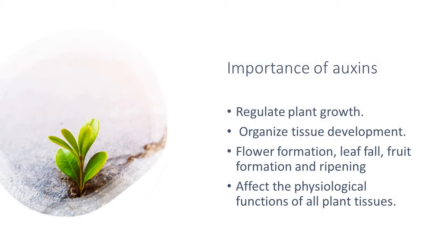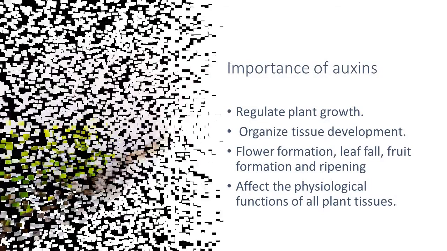They also affect all the physiological functions that happen inside the plant tissue. Physiological functions here means that it affects the amount of water absorbed, according to the amount of water, whether towards it or away from it. So it affects the physiological function.